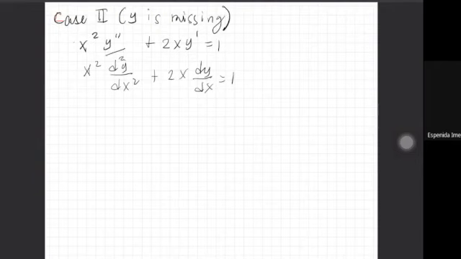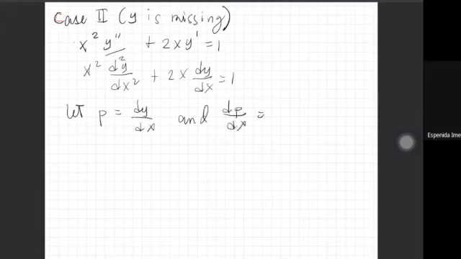So what are we going to do? Our substitution says we let p be equal to dy/dx. And the derivative of p with respect to x is the second derivative of y with respect to x. So we will use this to substitute in our equation.